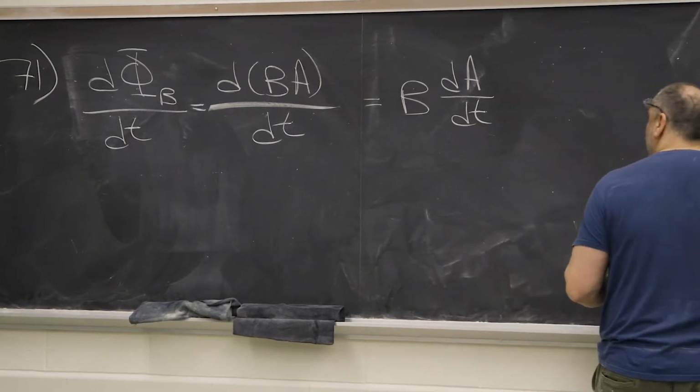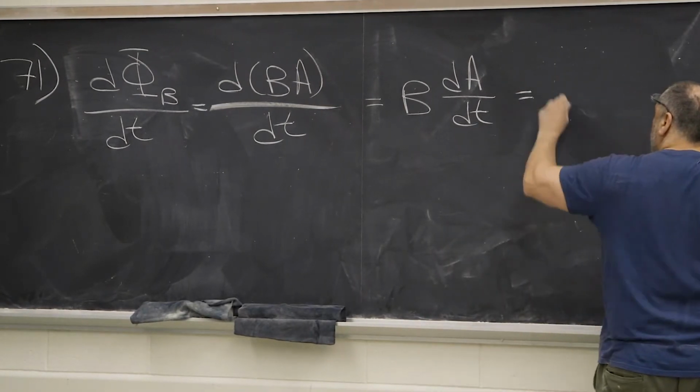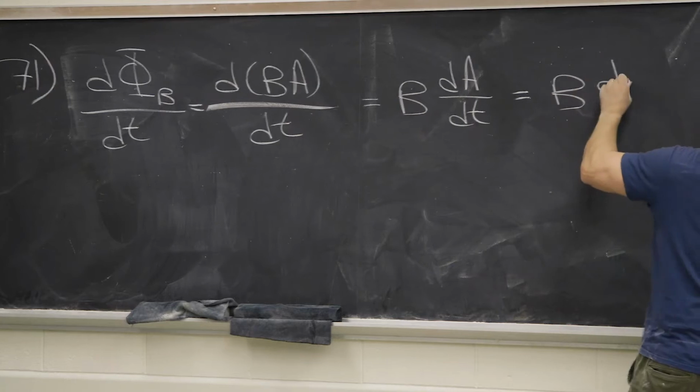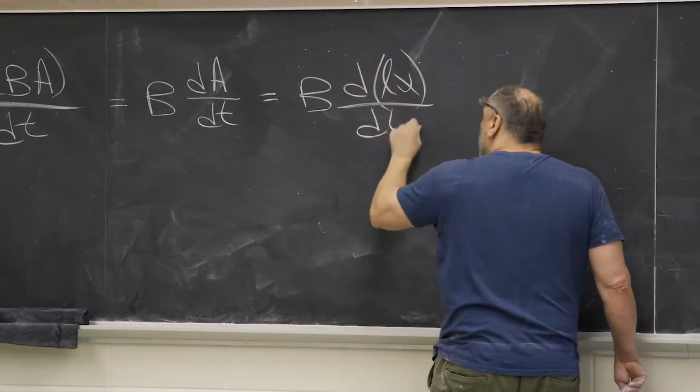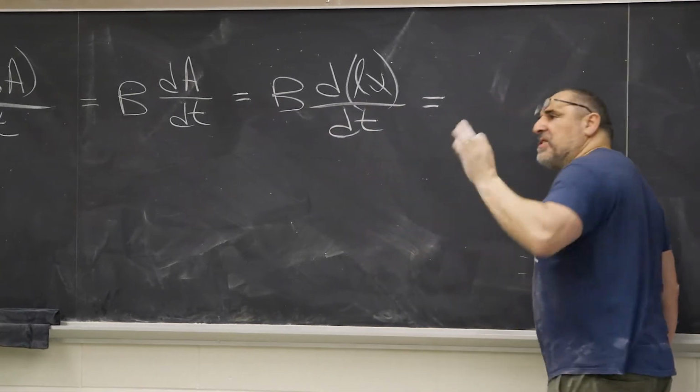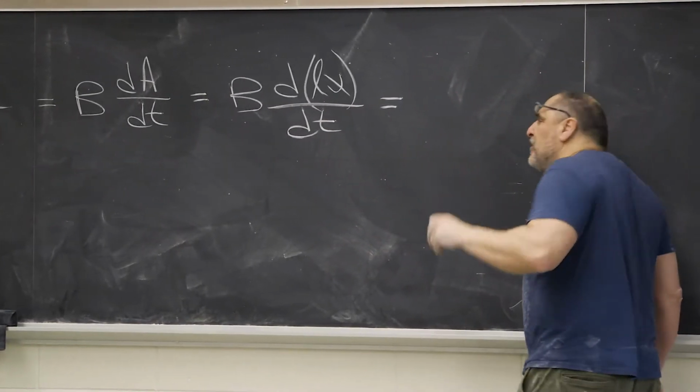If B is a constant, I got that. How does the area change? The area is L times X. X is the X direction. Wait a minute. L is the straight up and down. That ain't changing.